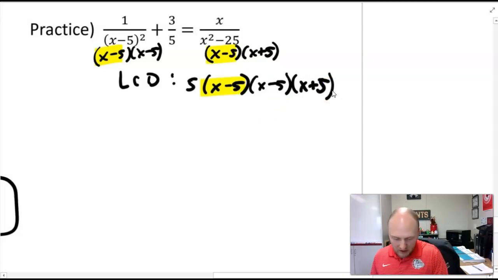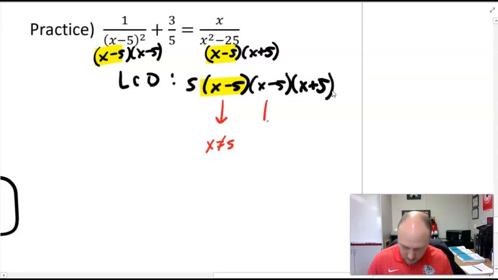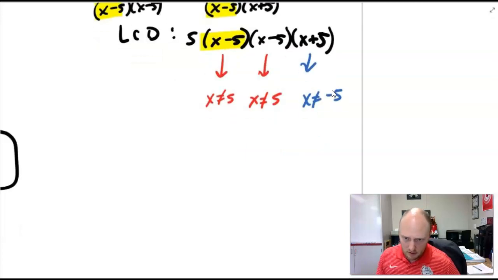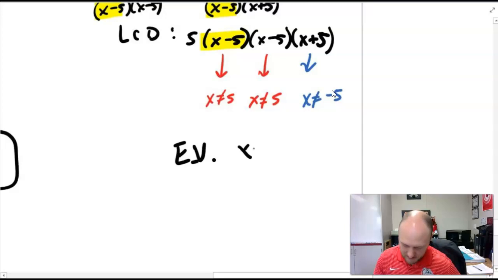Okay, so what are the excluded values? Well, x cannot equal 5. Same thing here, so we'll only count that once. Here, x cannot equal -5, and no issues with that 5 out front, even though 5 is already an excluded value from our domain. Excluded values: x cannot equal -5 and 5.